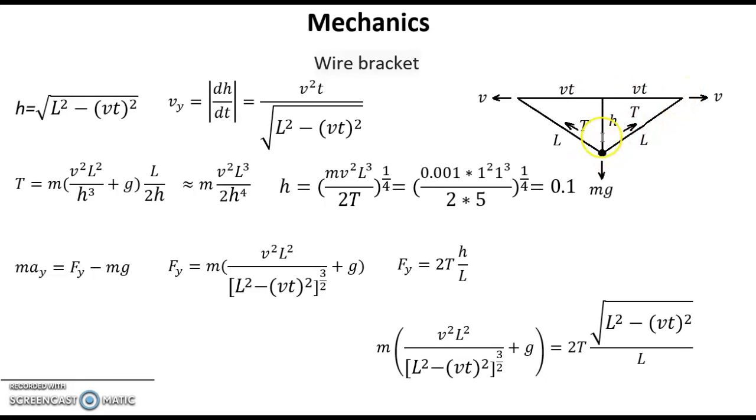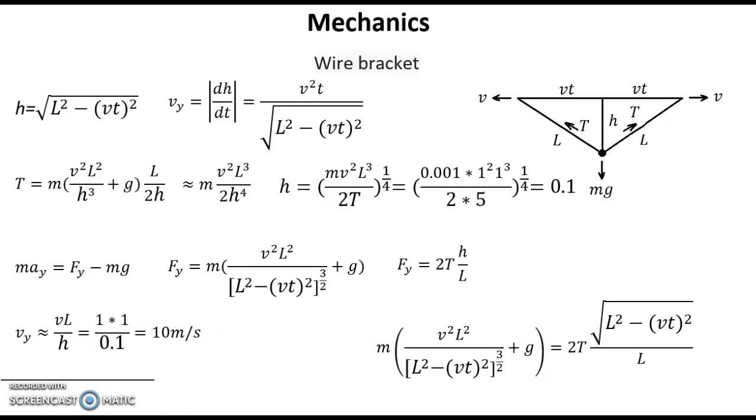And for small h, that will be almost L. So instead of vt, we put here L, and we have vL here, and we have h here, which we already counted. So finally we have speed equal to this expression. Approximately it's v multiplied by L divided by h. When we put numbers, we have 1 multiplied by 1 divided by 0.1, which is 10 meters per second.